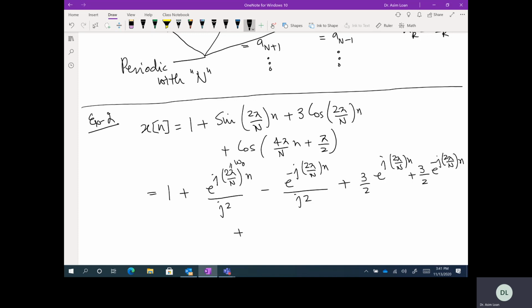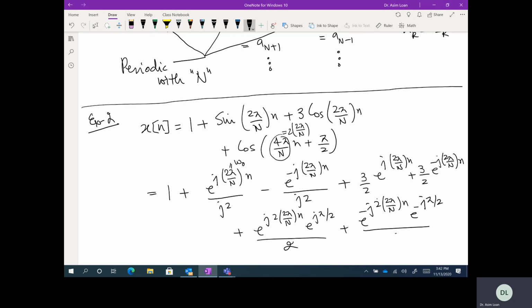And for the last one I have 2 omega naught, this is 2 into 2 pi by N. So this is e^{j 2 (2 pi by N) n} into e^{j pi by 2} over 2, plus e^{-j 2 (2 pi by N) n} into e^{-j pi by 2} over 2.